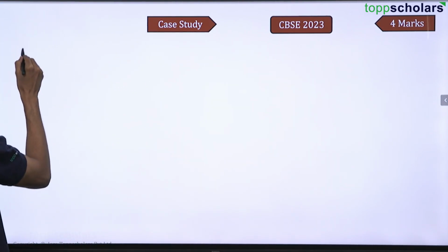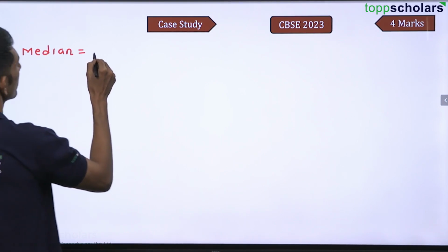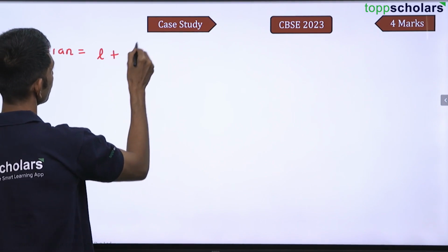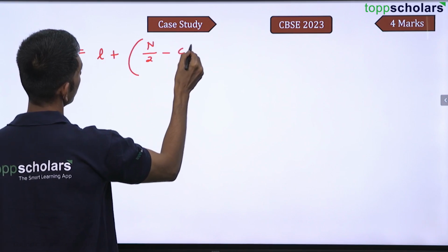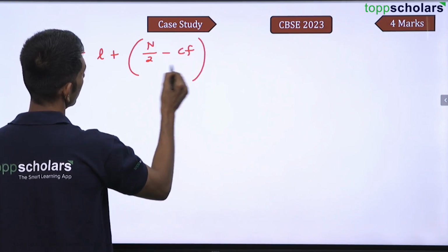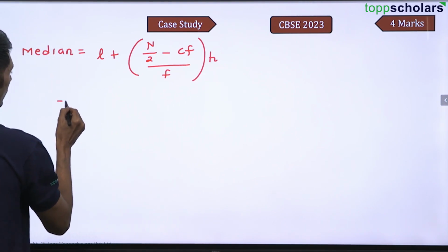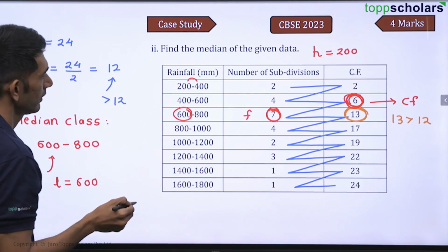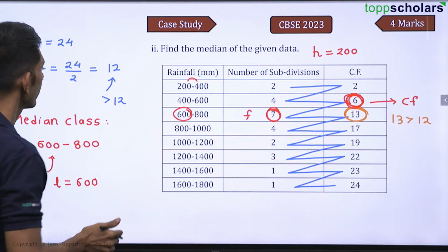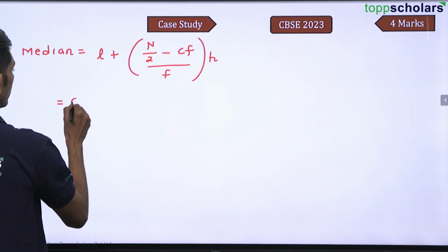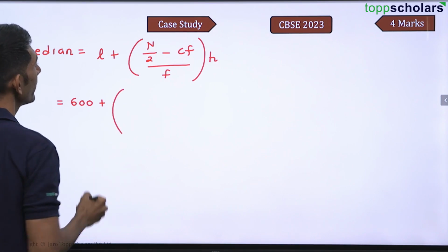So what is the formula for median? Median is given by L plus N by 2 minus CF by F into H. That is equal to, what is L? L is 600. So 600 plus N by 2.